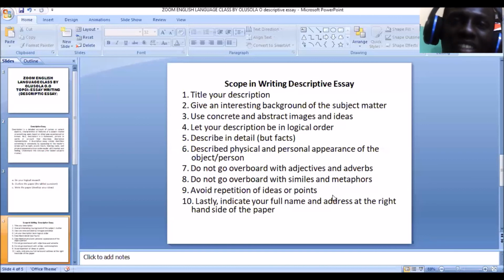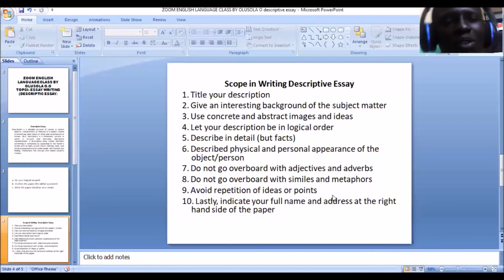And you are able to write a good essay, and they want to locate the writer. That is the essence of this point. So that if you're a student of a particular school, if you don't want to use your home address, you can use your school address, so they can easily find you and award you judiciously.